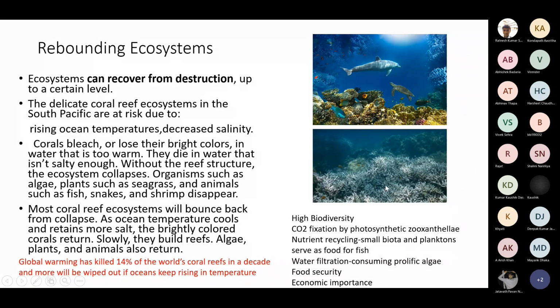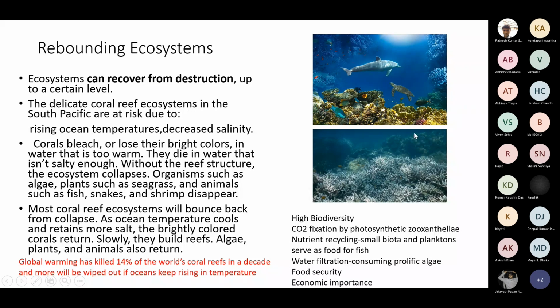You see that they are no longer colored, but all gray. And why have they become like this? The delicate coral reef ecosystem in the South Pacific is at risk due to rising ocean temperatures. As the ocean temperatures rise, all these coral reefs undergo decoloration.